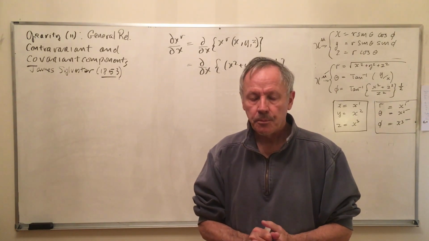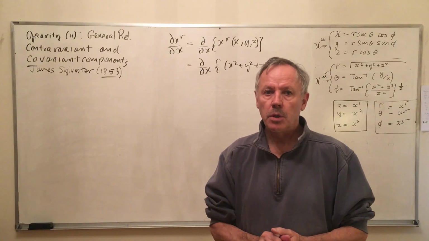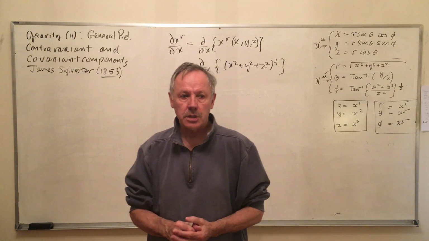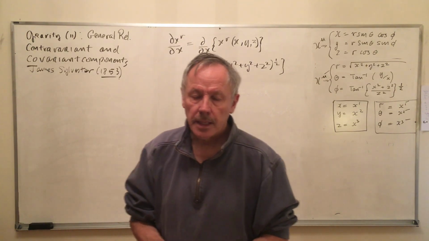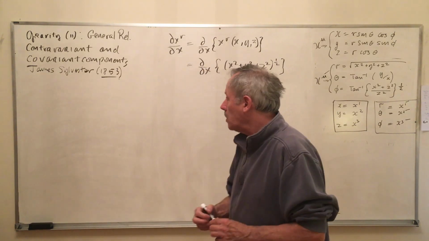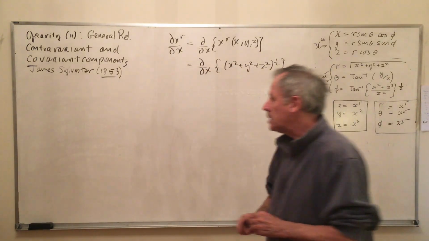What we're going to talk about are contravariant and covariant components of a tensor or vector, first introduced by James Joseph Sylvester in 1853. Okay, now roughly speaking, contravariant and covariant components, let's do this.